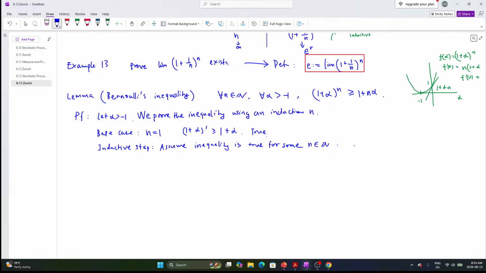So that is to say 1 plus alpha raised to the n is greater or equal to 1 plus n alpha. Okay, so for beginners in induction, this might look a little bit confusing. Isn't this what we're trying to prove? Here we're assuming it. What is going on?